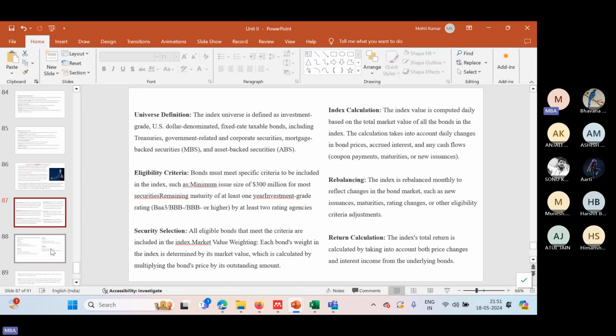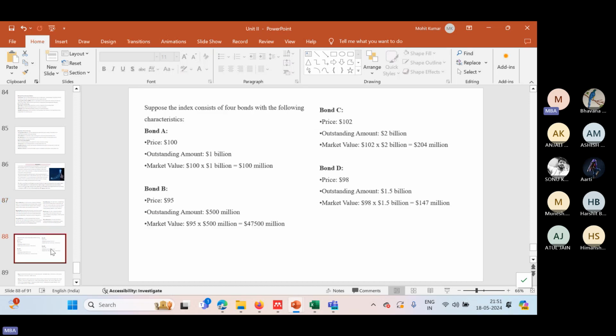Based on that, you select the securities and you calculate the index. Once every month some securities will be excluded from the index and some will be included. There would be some securities whose prices will be high, and you adjust accordingly. This is called the practice of rebalancing, and then at the end of the month you calculate the return. So these are the steps in using bond indices.